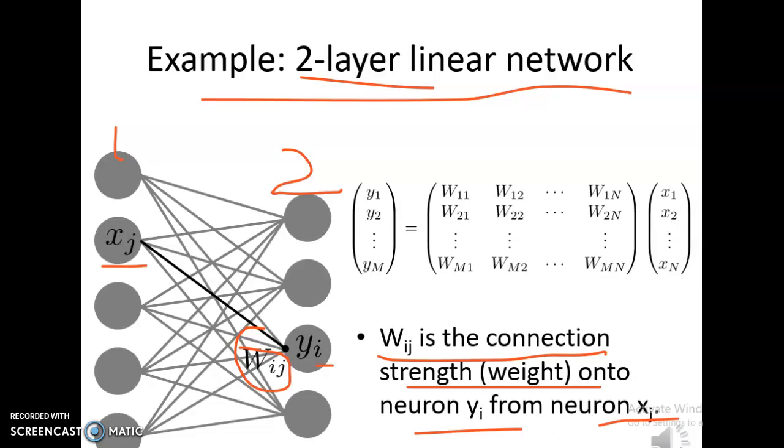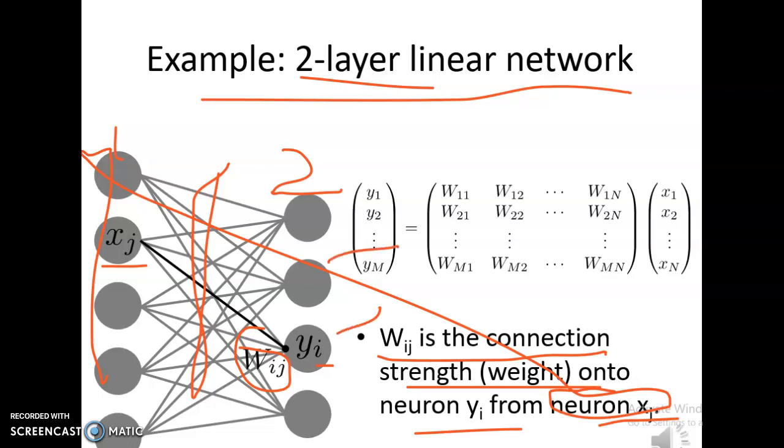This is the neuron, this is the weightage, the strength. These are multiplied, then output together.